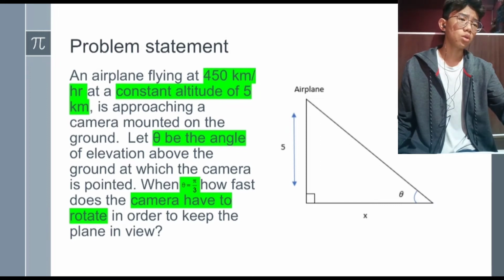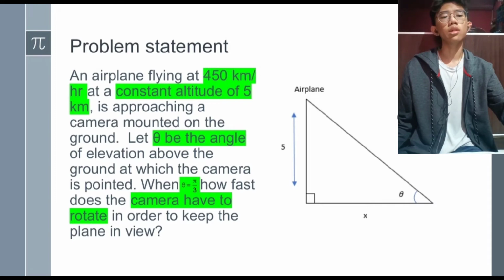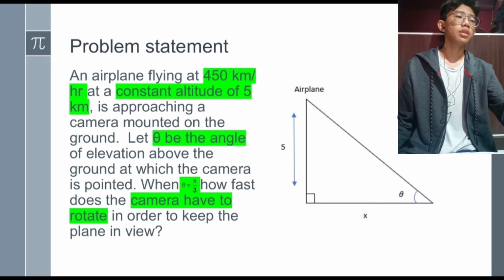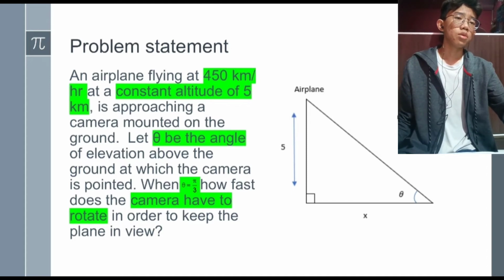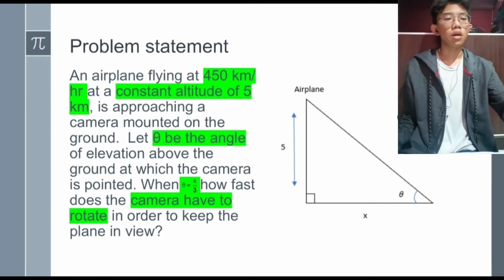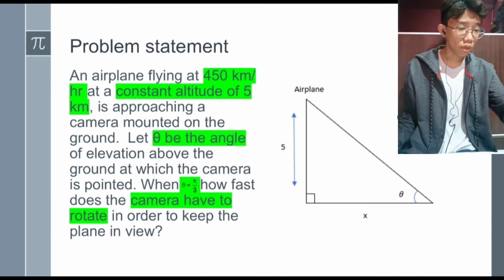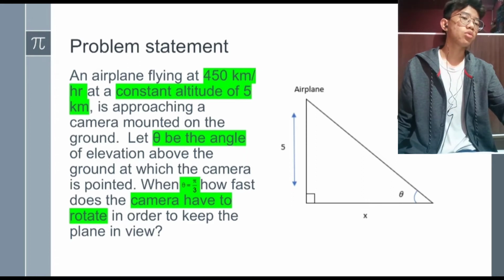When theta equals pi over 3, how fast does the camera have to rotate in order to keep the plane in view? The first thing is to highlight the key points: 450 km per hour, constant altitude of 5 km, theta is the angle, theta equals pi over 3, and the last one is the camera has to rotate.